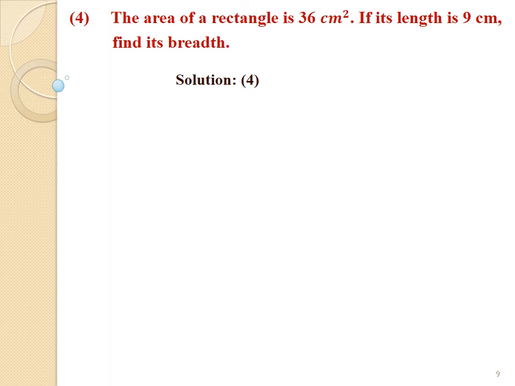Students, you have to remember that in order to find out the breadth of a rectangle, when area of a rectangle is given and length is also given, then you have to divide area by the given length. Thus, breadth equals area divided by length.